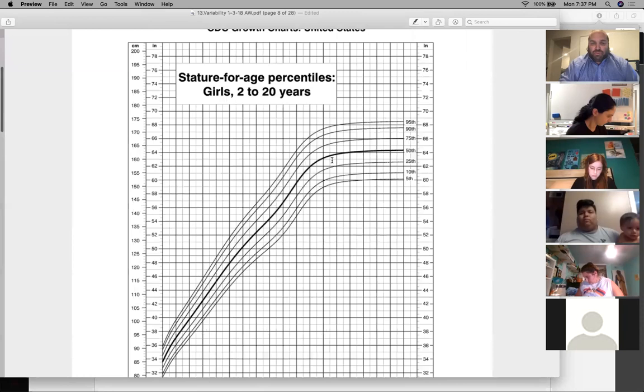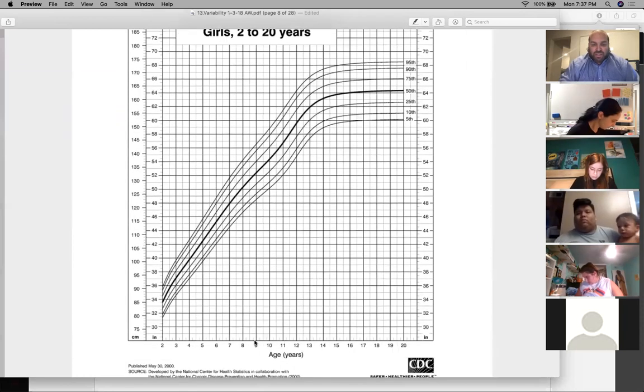So we go to the girl charts and we go to age 9 and we go to 49 inches tall, which is right there. What percentile would that girl be in?